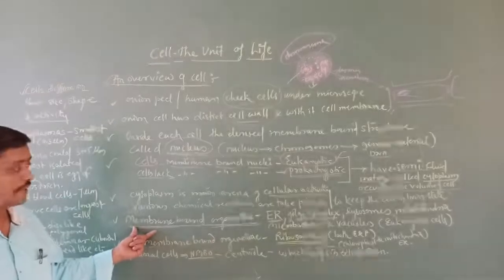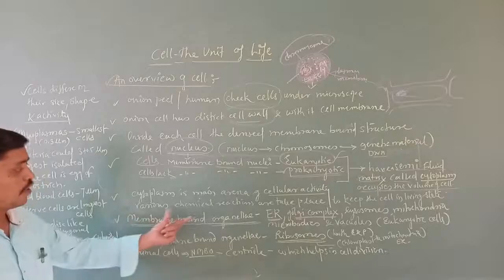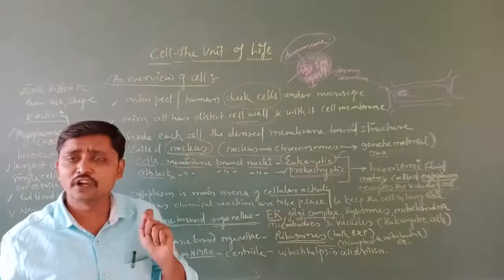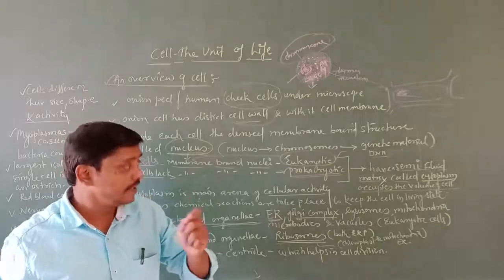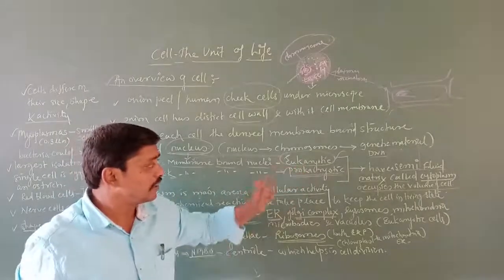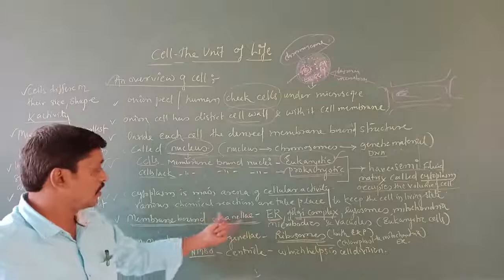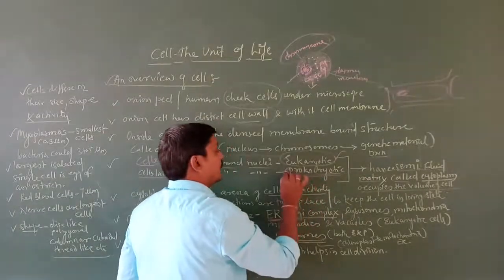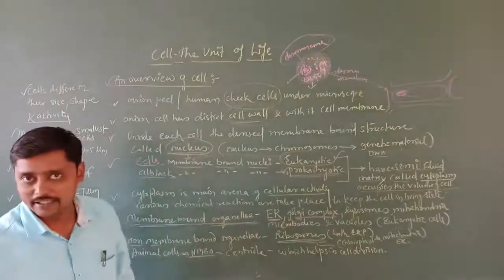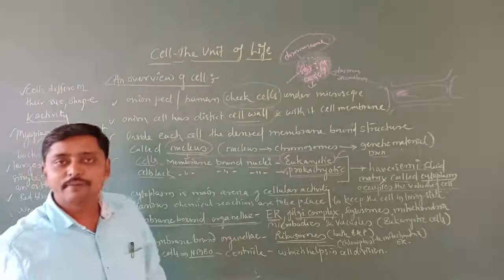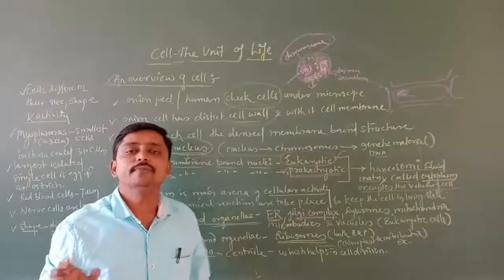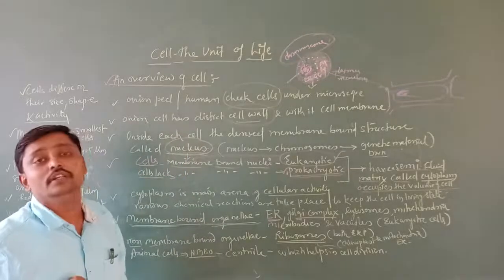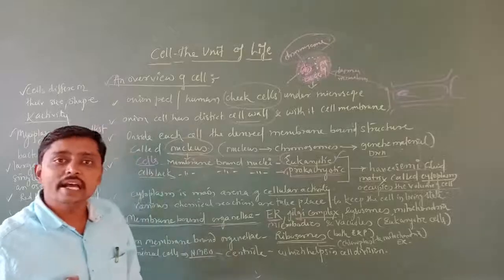These membrane bound organelles are present only in eukaryotic cells, and these membrane bound organelles are absent in prokaryotes. In prokaryotes, the nucleus is not covered by a membrane.